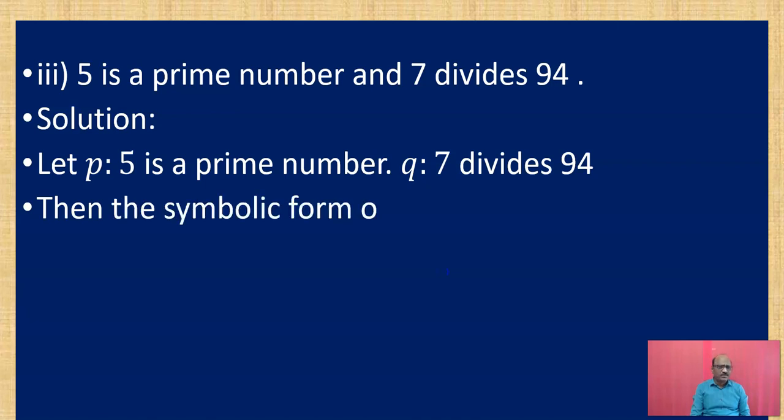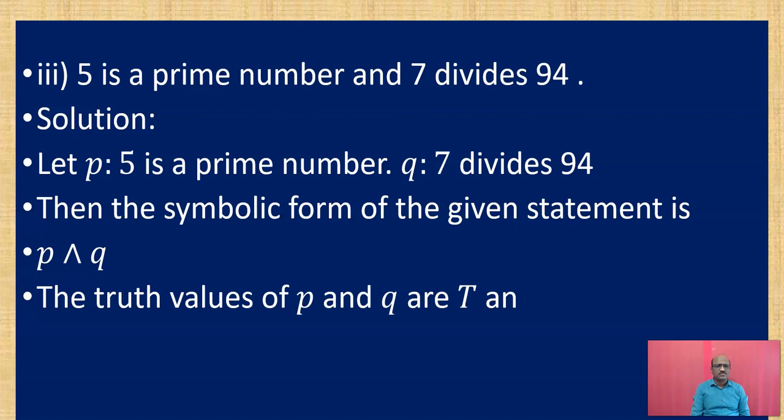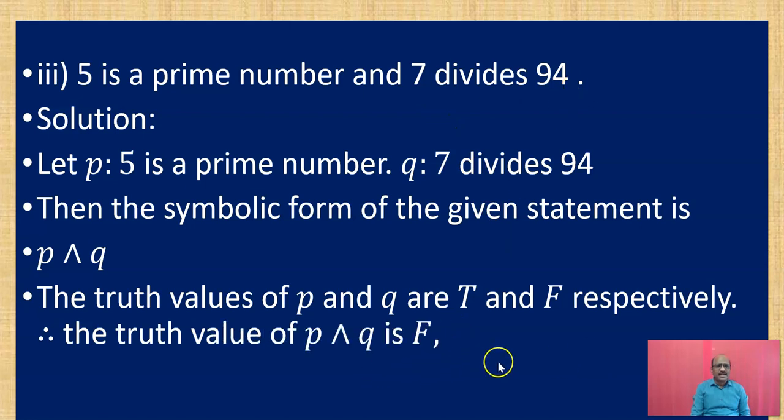Then the symbolic form of the given statement is P and Q. 5 is a prime number, it is true. And 7 divides 94, it is F. Therefore, T and F is F.